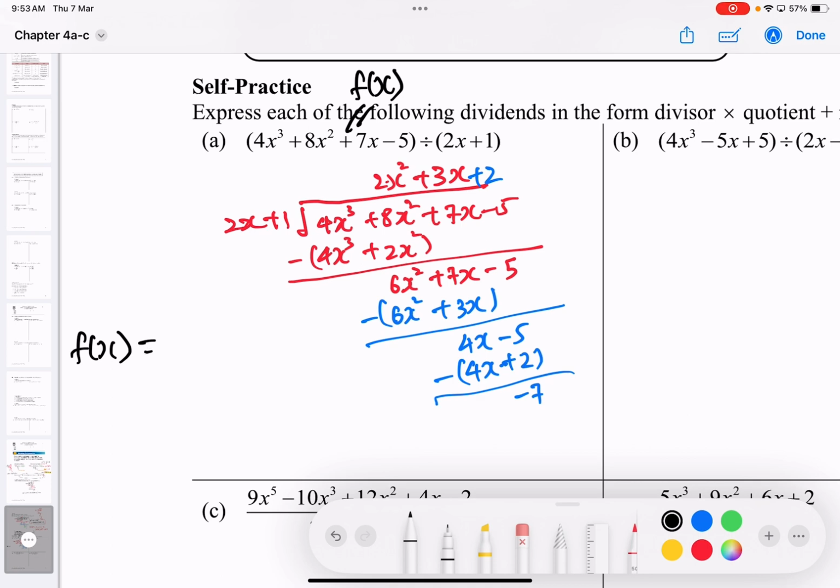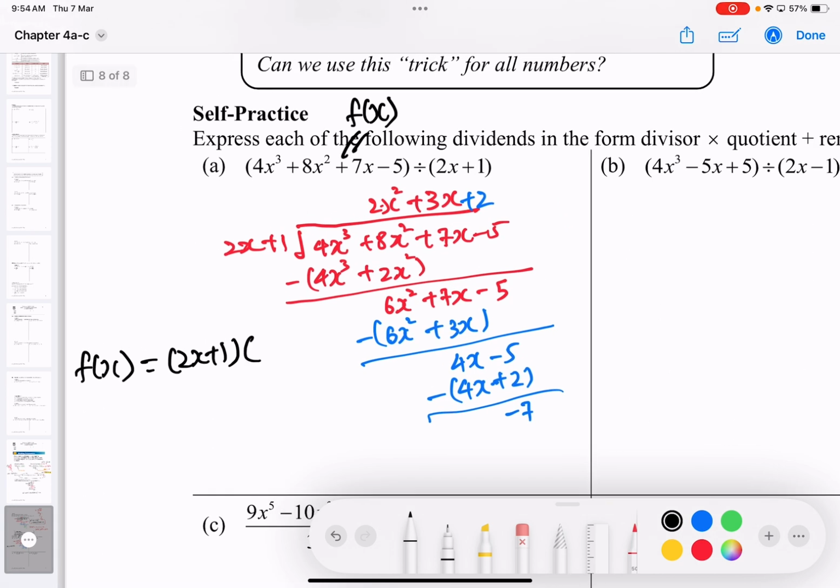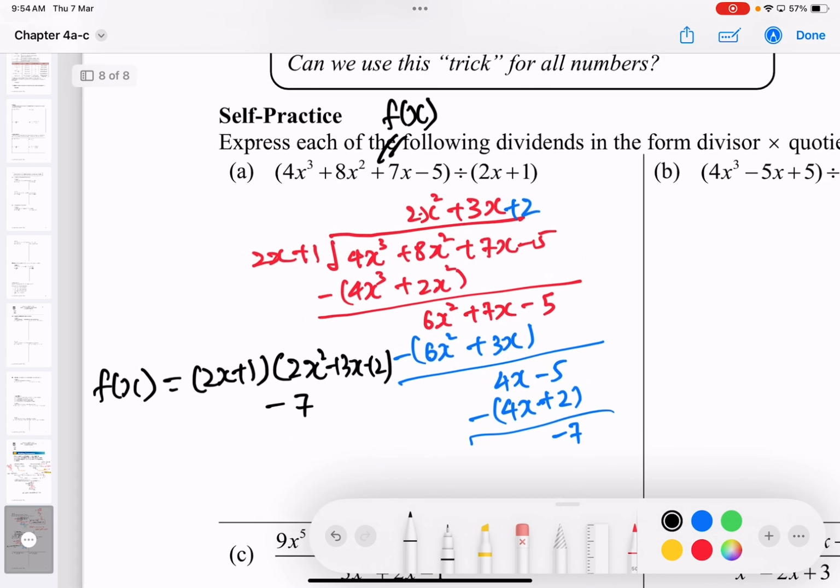So f(x) is equal to the divisor, which is 2x plus 1, multiplied by the quotient, which is 2x squared plus 3x plus 2, plus, of course, the remainder, which is just negative 7. Alright, so we can express it in this way.